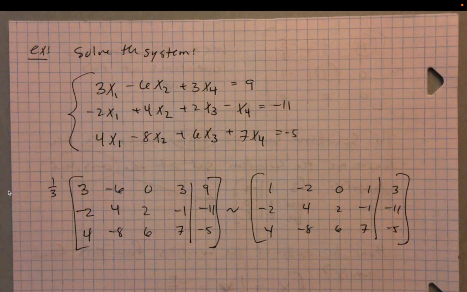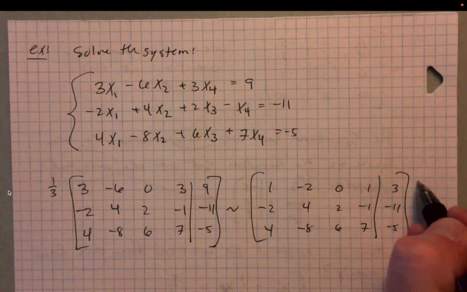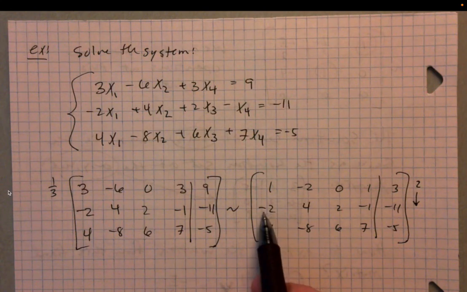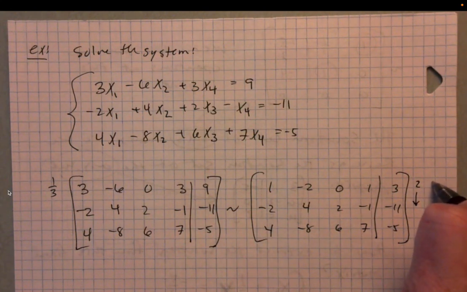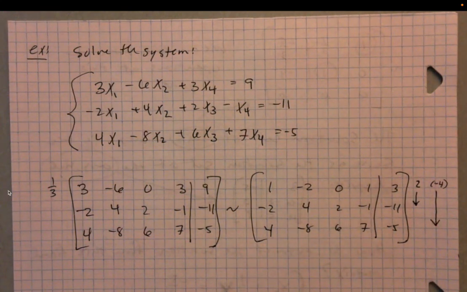Step 2 is to get zeros below the pivot. So we need to convert these two to zeros. Well, I can multiply row 1 by 2 and then add that to row 2 to turn that into a 0. I can also multiply row 1 by negative 4 and add that to row 3 to turn that into a 0. Okay, so I'm just going to do that in the next step. Okay, and so row 1 is unaffected. 1, negative 2, 0, 1, 3.